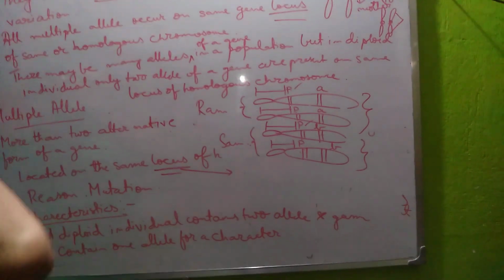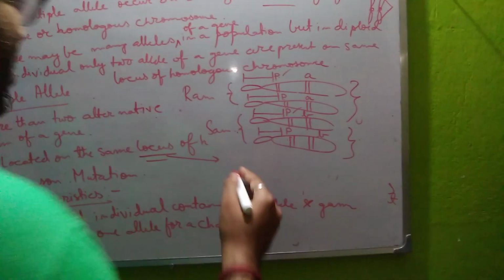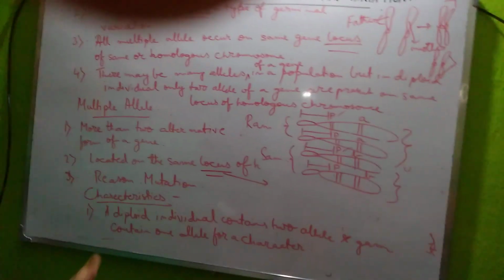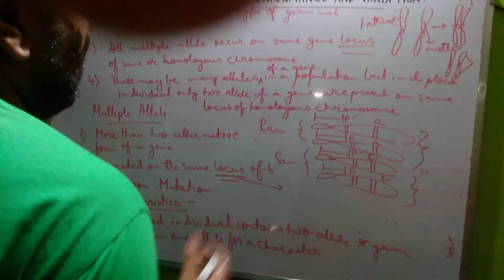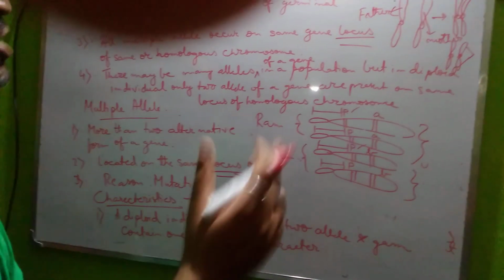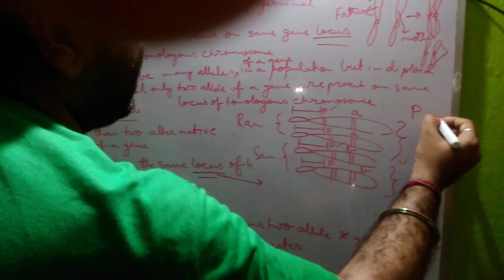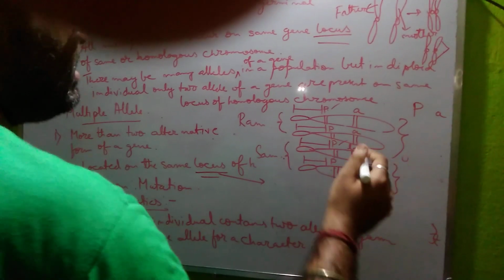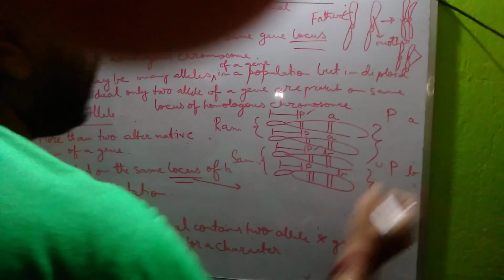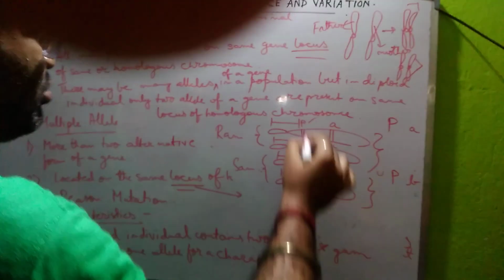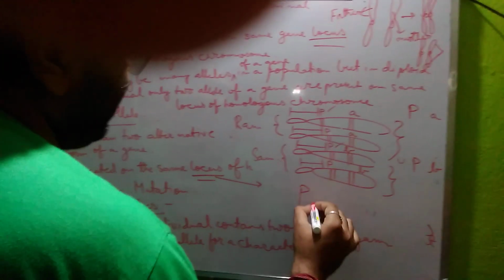Now there may be many alleles of a gene in a population. Suppose in Durgapur there are many alleles. Plenty of alleles are present in many of the individuals. But in a diploid individual only 2 alleles will be present. Like over here you can see in Ram, what are the 2 alleles? P and A. In Sam, what are the 2 alleles? P and B. So how many alleles are there?